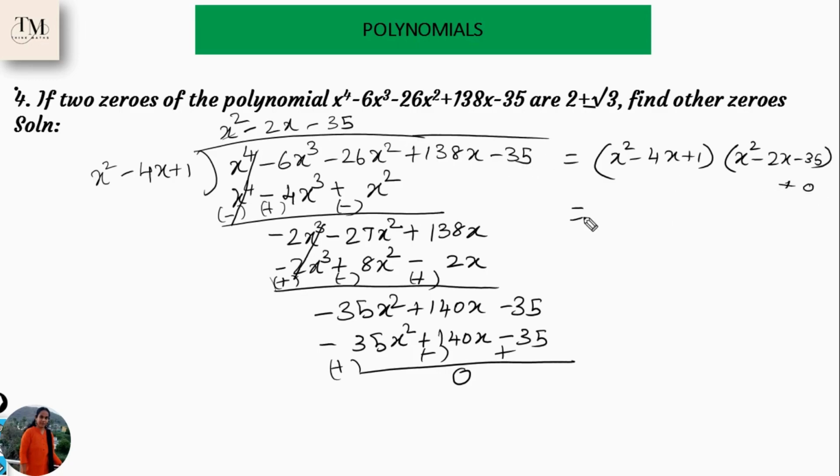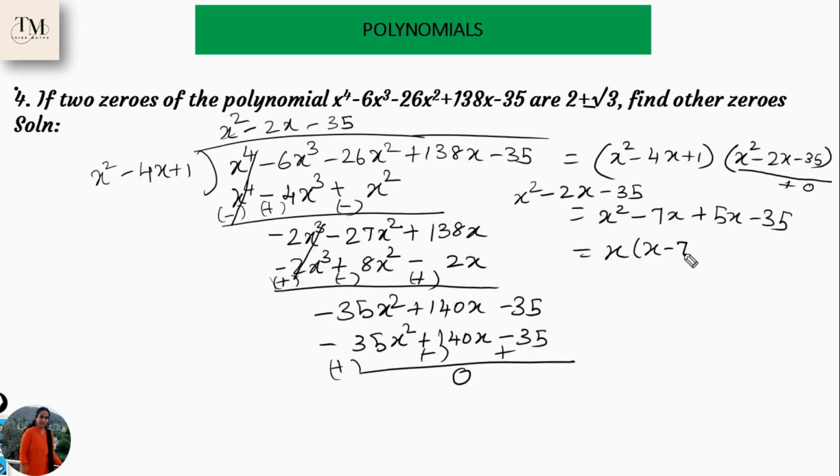Okay, which is equal to this polynomial plus the remainder 0. So we have to factorize this term to get the other zeros. So x square minus 2x minus 35. 7 fives are 35. So minus 2x can be written as minus 7x plus 5x minus 35. So x is taken outside, x minus 7.